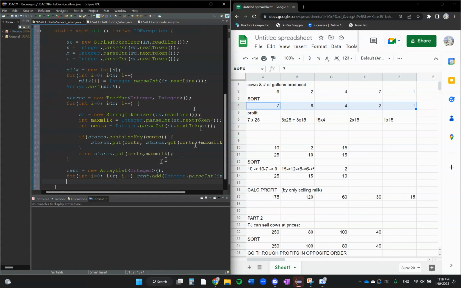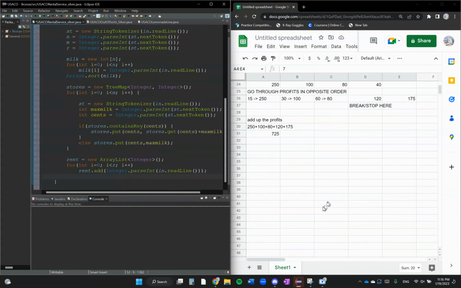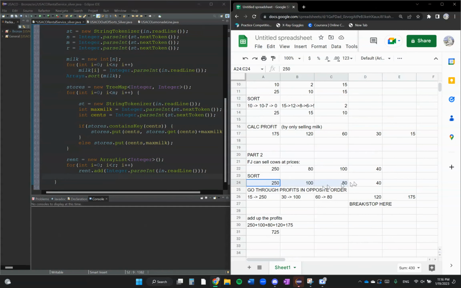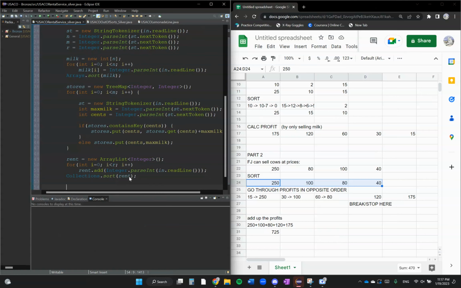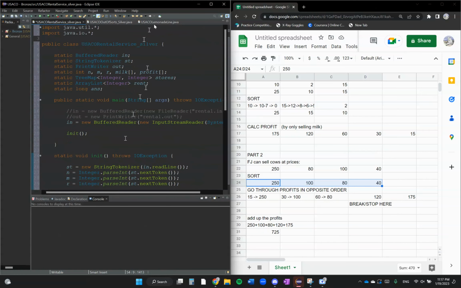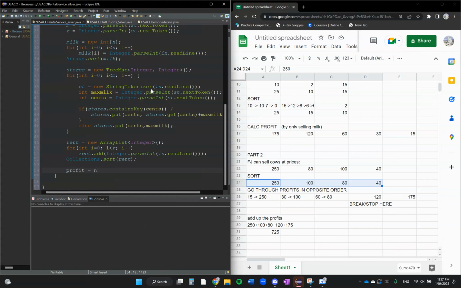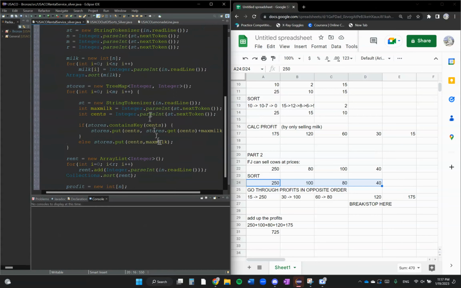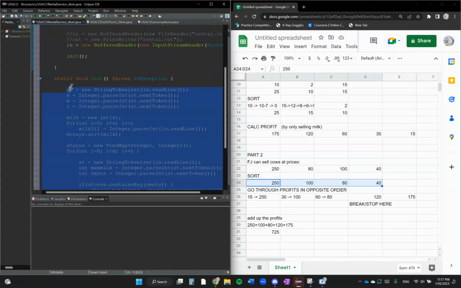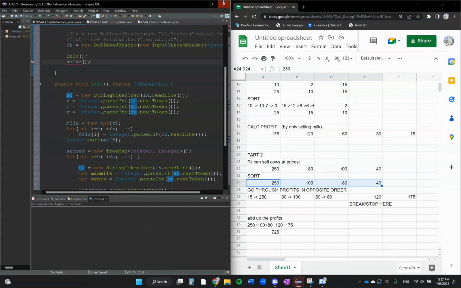And then we also have to sort this, because in rent here, we want to see which neighboring farmers are willing to pay the most for a certain cow. So Collections.sort for the array list rent. And I haven't initialized profit. So profit equals new int[n], and that's going to keep track of the profit of each individual cow. And yeah, that was a pretty long initialization, and now we'll go to the solving portion.